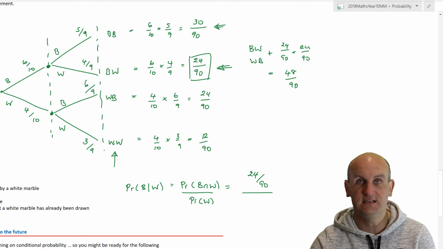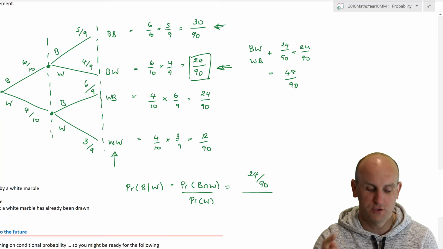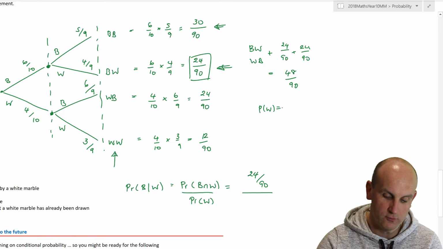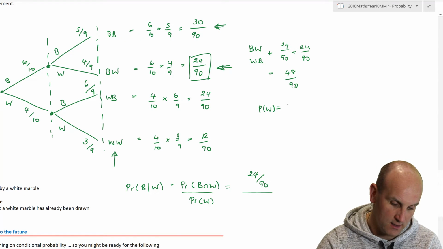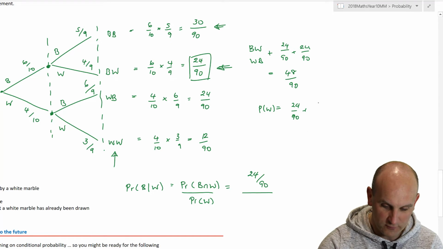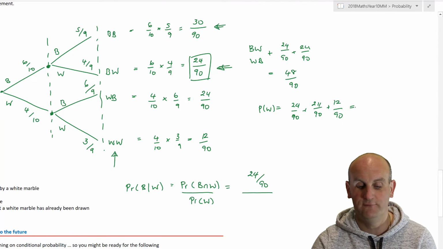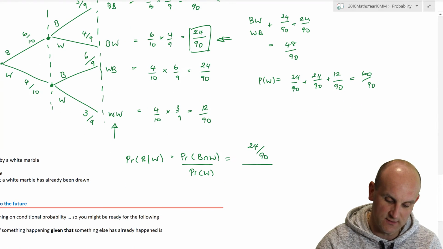Now, in that situation, it means that we can include 1 white or 2 white marbles. So the probability a white marble is drawn is given by, oh yes, 24 on 90 plus 24 on 90 plus 12 on 90, which in that situation is 24 and 24 is 48 plus 12 is 60, 60 on 90. And I'm going to leave it that way because it's going to make my life a bit easier.